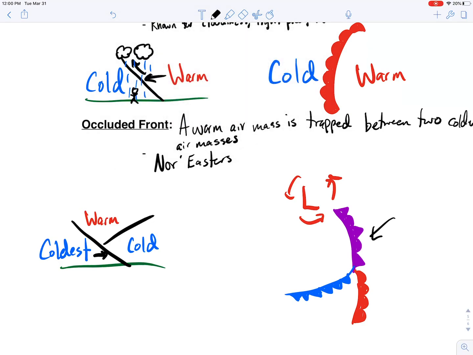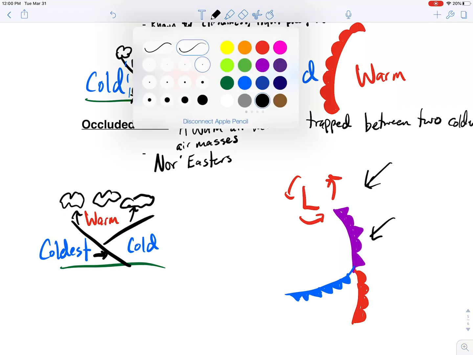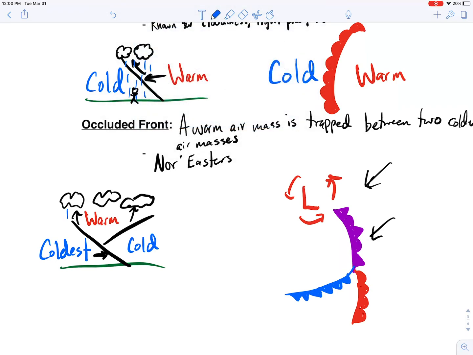And this is what we see often in our winter storms here in Maine. We get these big low pressure systems that come in just like this guy here, and we've got a warm and a cold front going along. Eventually that cold front catches up with the warm front and forms an occluded front, and we get all kinds of clouds up in here and warm air aloft, and we get that classic precipitation that happens.